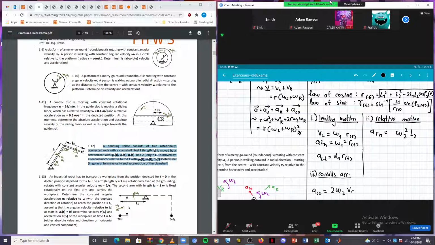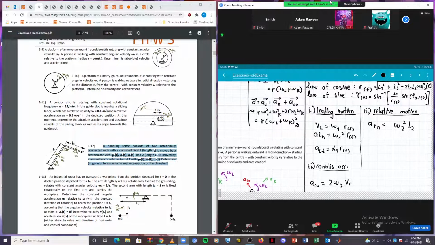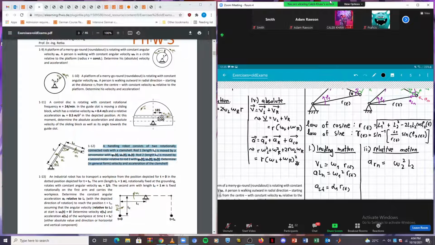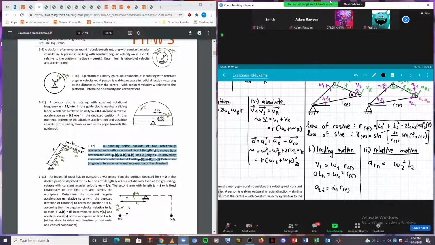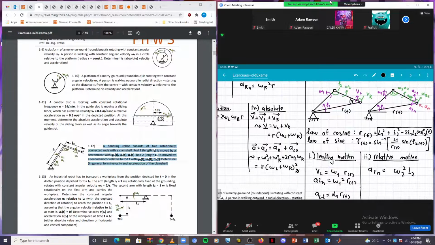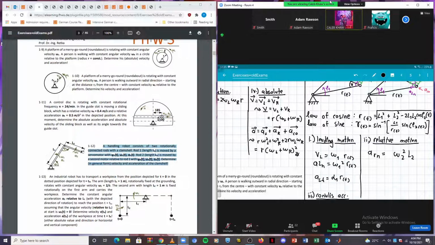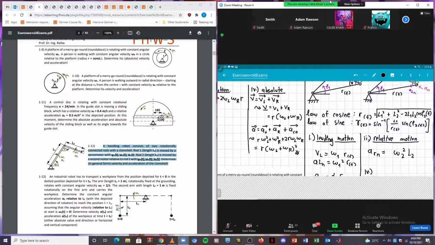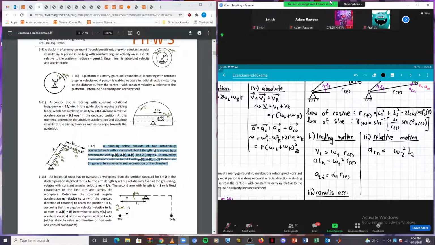Well, derive the variables for the relative motion, relative velocity and tangential component. The equation for the relative velocity. Step 2, actually, relative motion. You already started.